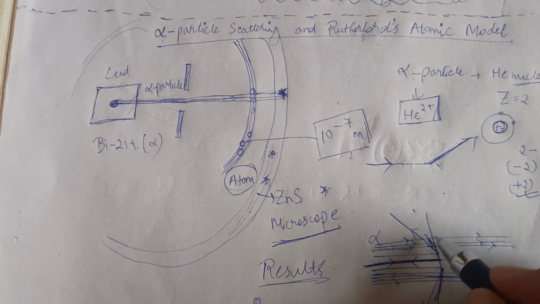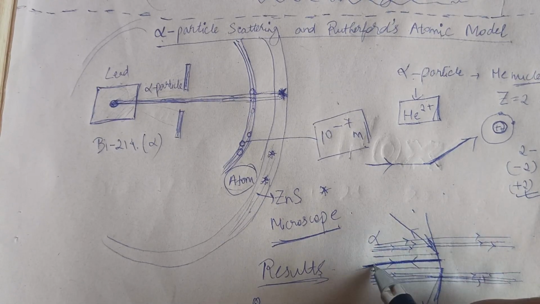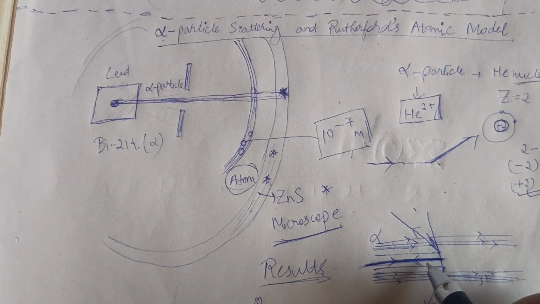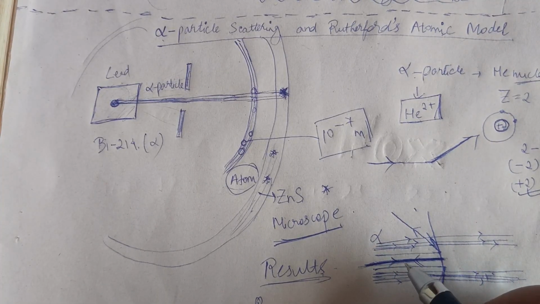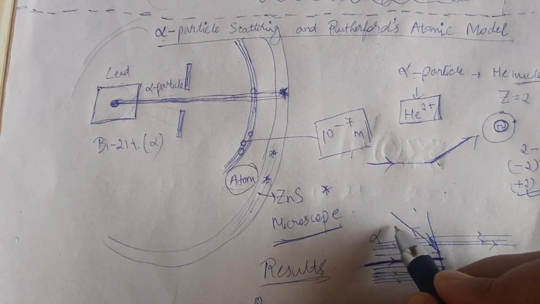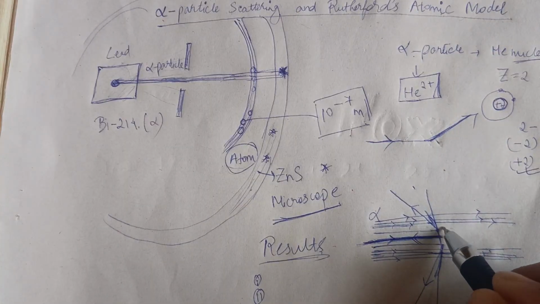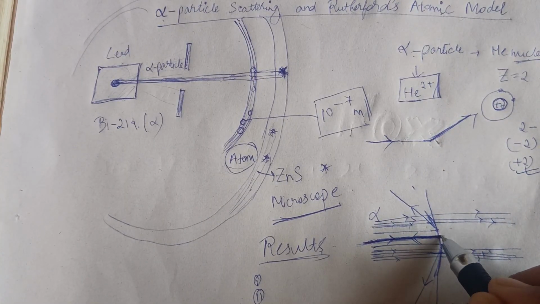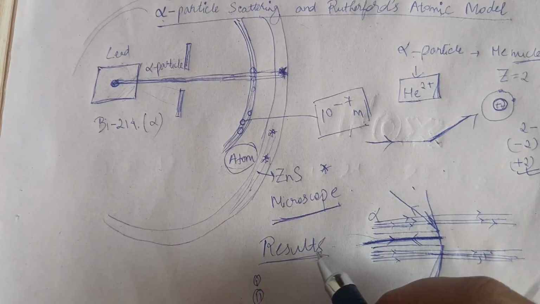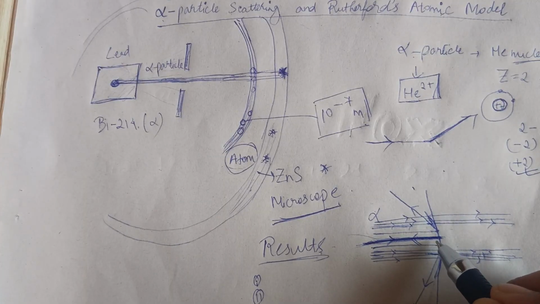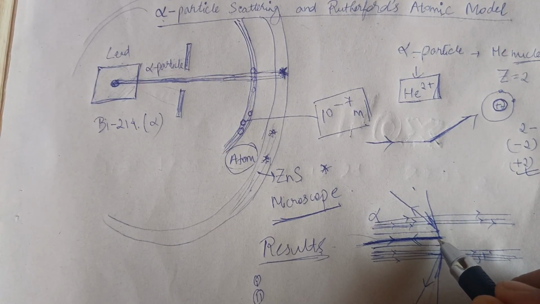Since very few alpha particles were deflecting back, it indicated that the positive charge is very strong, because an alpha particle, being positive, will be deflected by positive charge only. So there is something in the center. Since the positive charge is strong enough to repel the alpha particle back along the same path, we can conclude that the center of the atom is very dense. Most of the mass is also concentrated in that center.